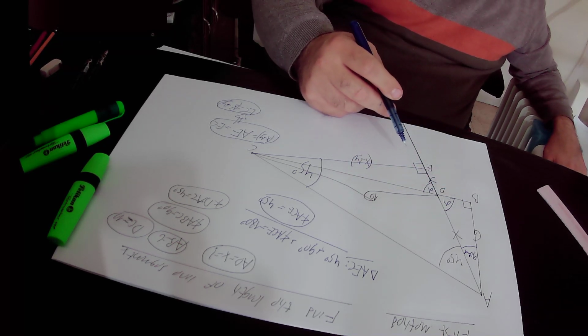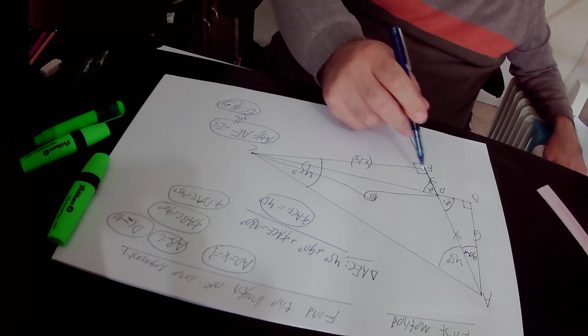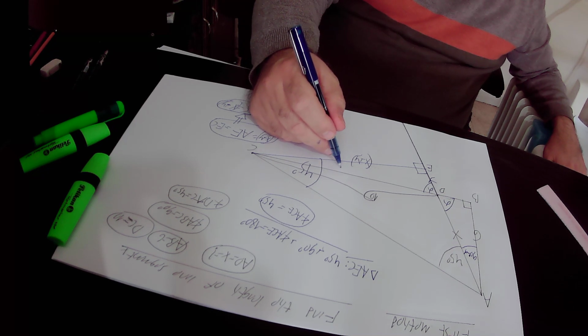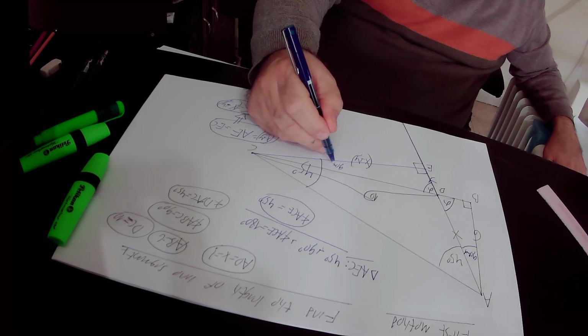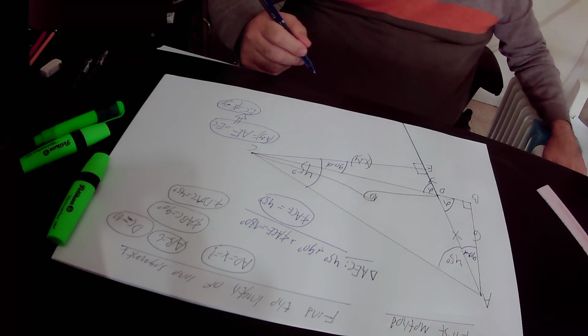Likewise, for the same reason, in the right triangle EDC, this angle equals alpha, so this angle must be equal to 90 degrees minus alpha in order to complete the sum of the angles in the right triangle EDC to 180 degrees.